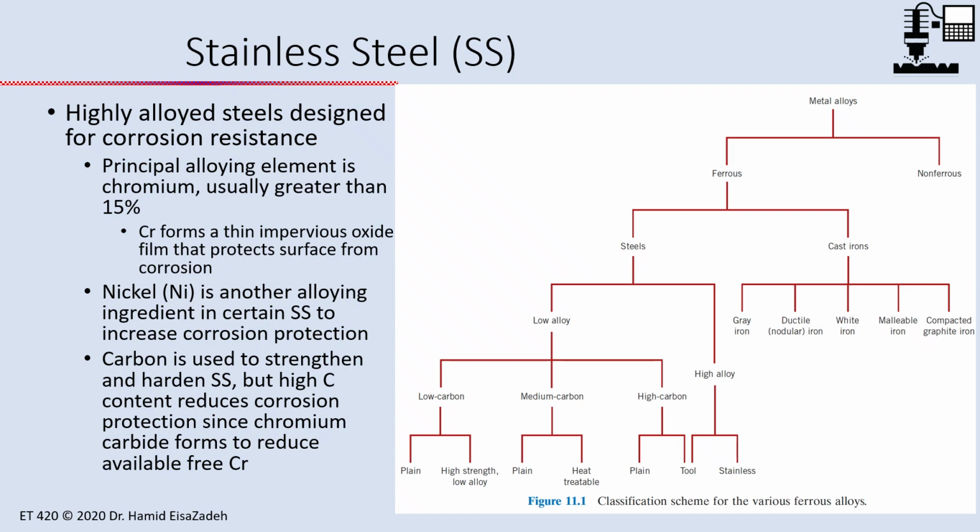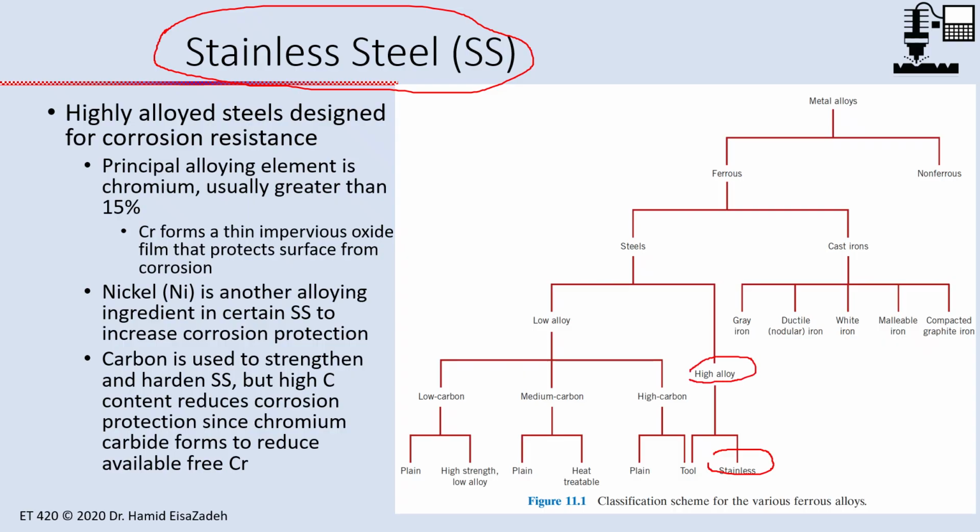As we mentioned before, carbon can be used to increase the strength of steel, but there is some limitation. We can add carbon to some extent, because increasing the amount of carbon can reduce the resistance of the steel against corrosion. Because of this concept, they came up with a new material called stainless steel, and it's under high alloy.